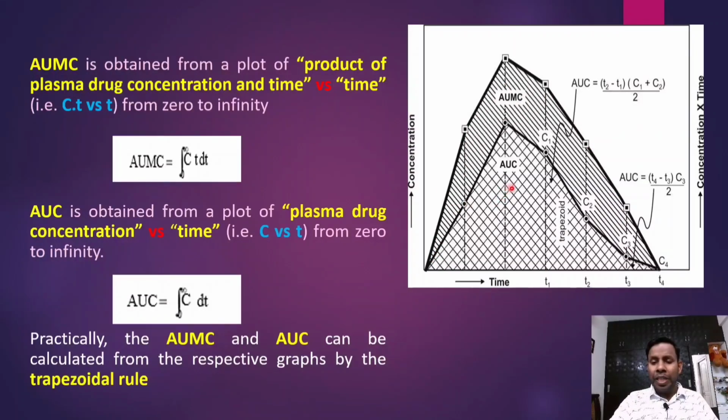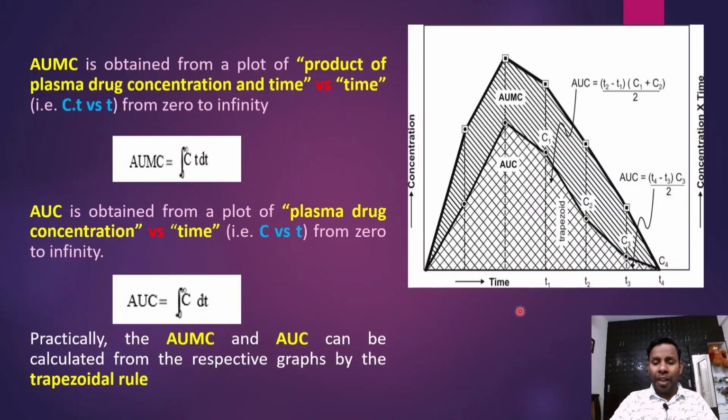The AUC can be obtained by plotting a graph of plasma drug concentration versus time, C versus T. That graph will give the area under the curve.